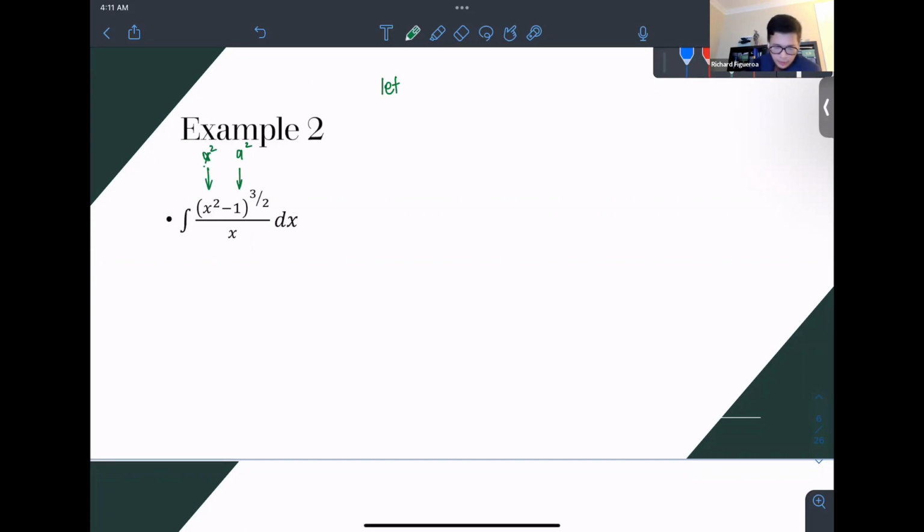Therefore, we let x be equal to a secant theta. Our a is 1, so it would just be secant theta. Once we derive it, that would be secant theta tangent theta d theta.